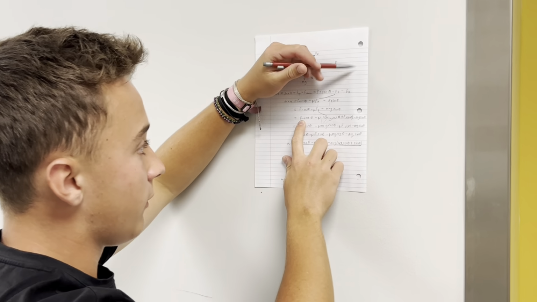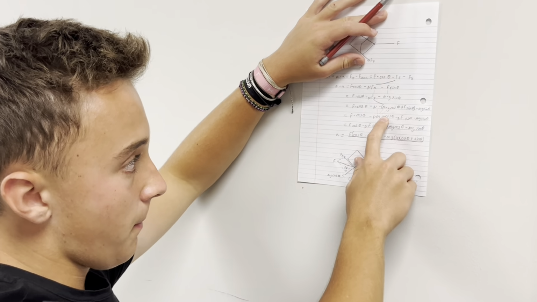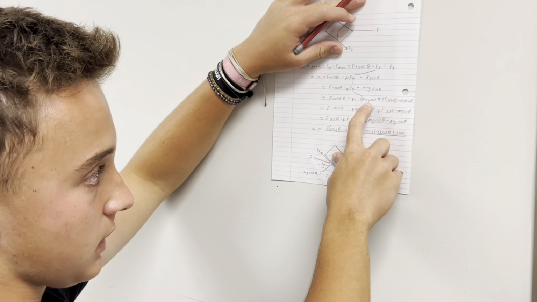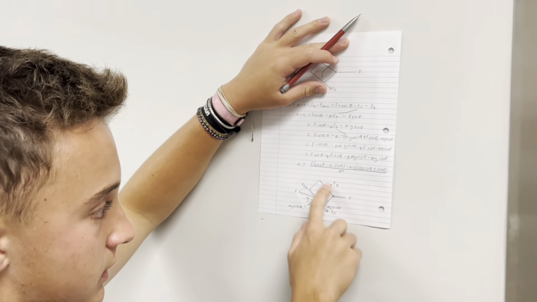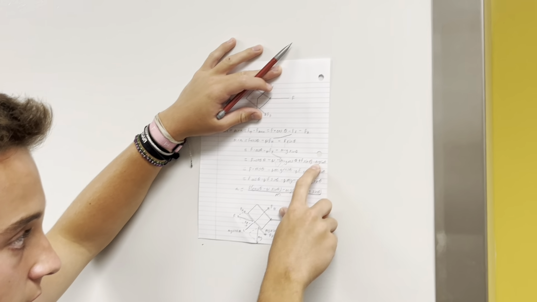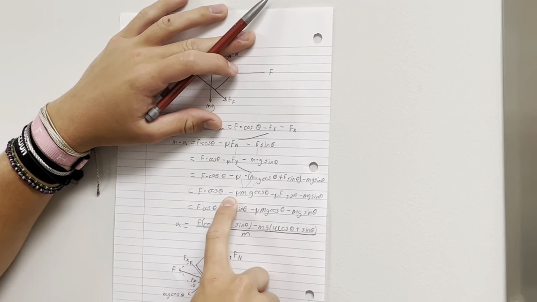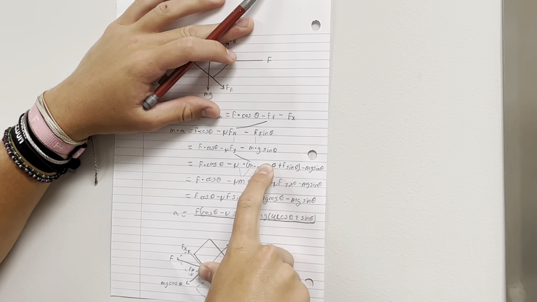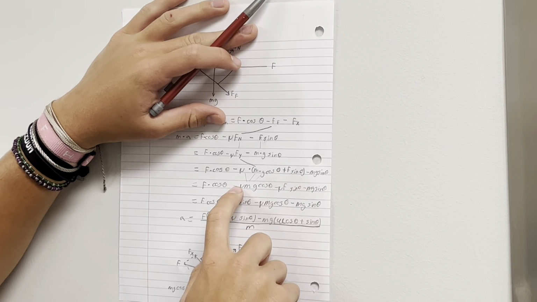Bring this down again, we'll have F cosine theta equals coefficient of friction times mass times gravity cosine theta plus F sine theta, because that's where this comes from. And then we'll just bring this down again, so mg sine theta minus that. F cosine theta equals the coefficient of friction times the mass, because we're going to multiply this using the distributive property.